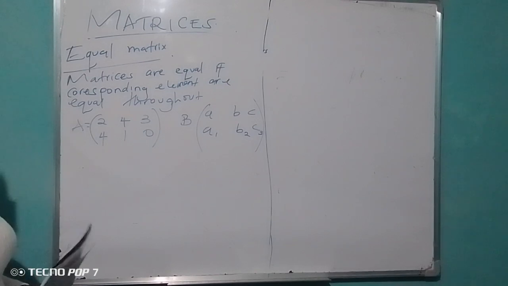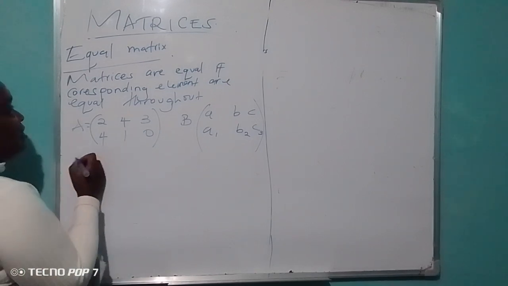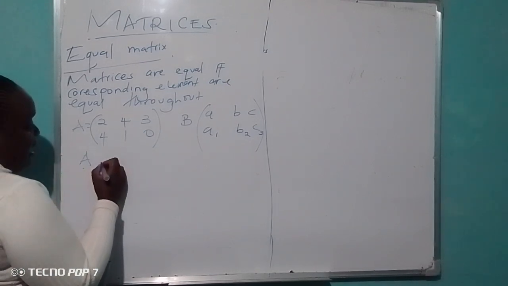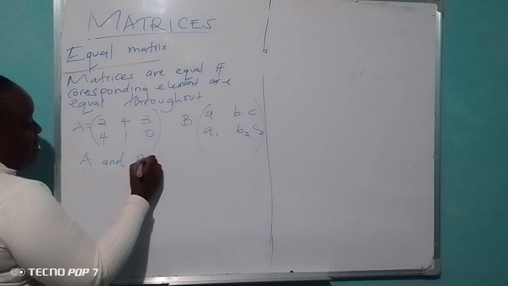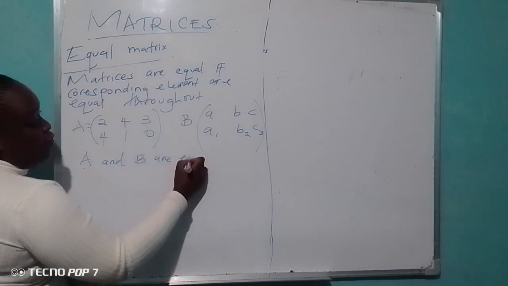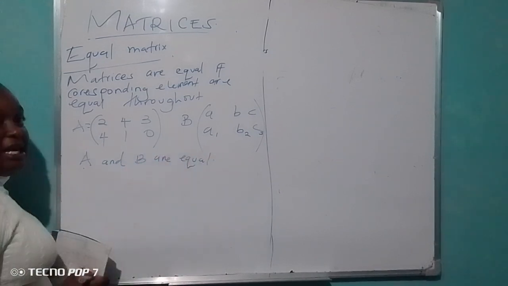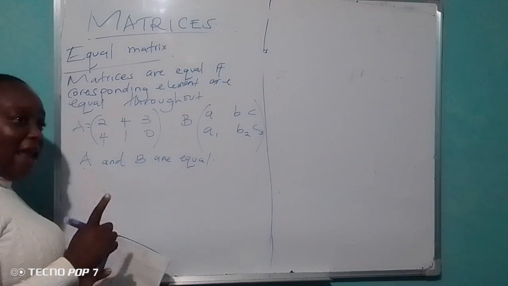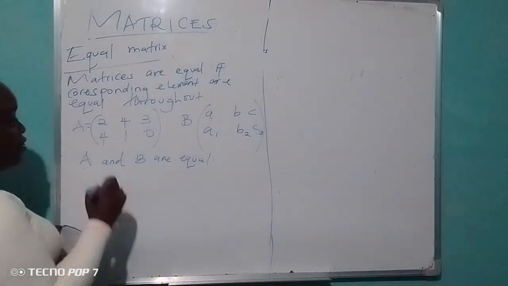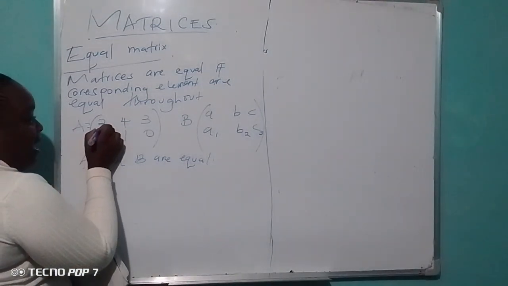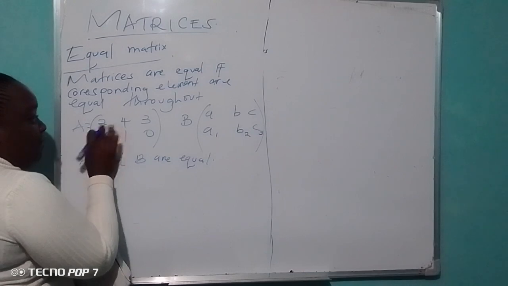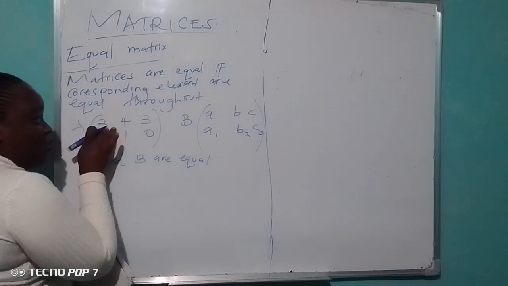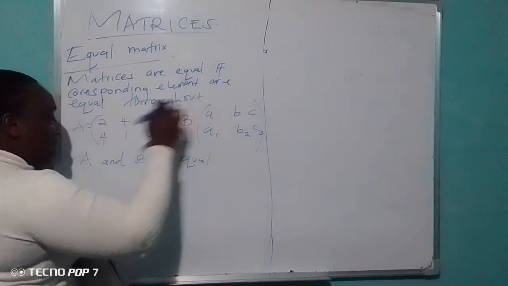If we say that matrices A and B are equal, in this case the corresponding elements should be equal. So in this instance, the first row, first column has to be equal.